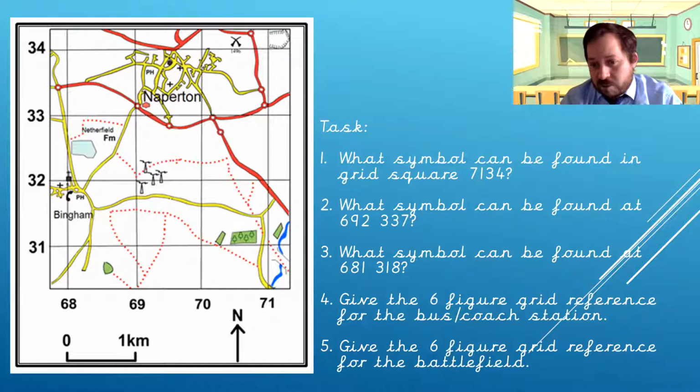Then think about what symbol can be found at 68.1 and 31.8. I want you to see if you can do your own 6-figure grid reference for the bus or coach station, and give a 6-figure grid reference for the battlefield. I'm not going to give that one away. It's a tricky one. See if you can find it.